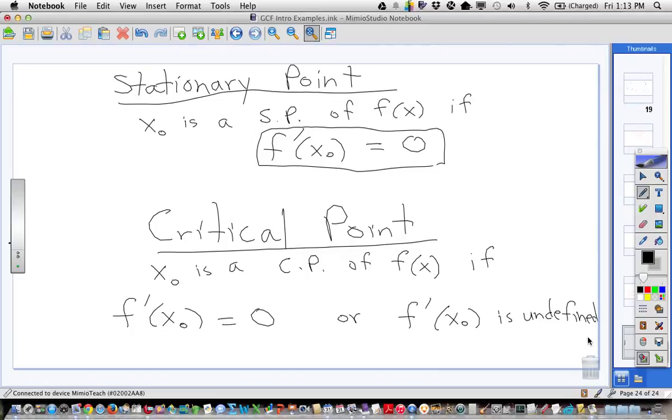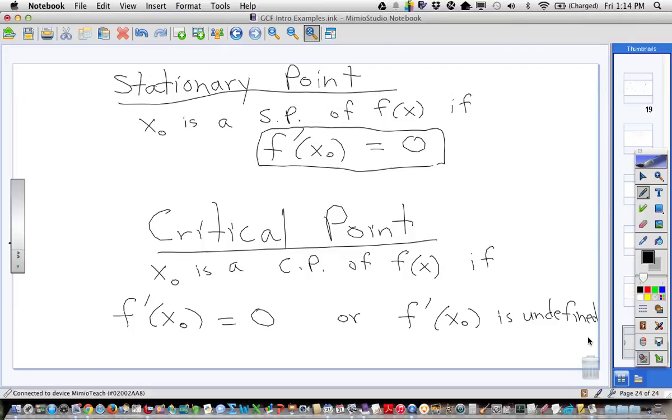It's kind of a square and rectangle kind of thing, right? Are all stationary points critical points? Yes. Are all critical points stationary points? No, right? So a stationary point is like a subset of critical points.